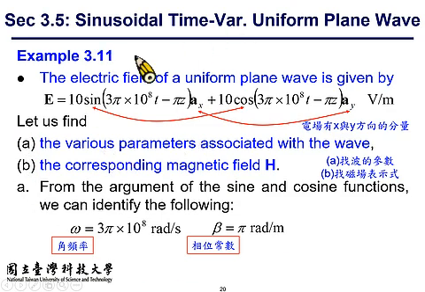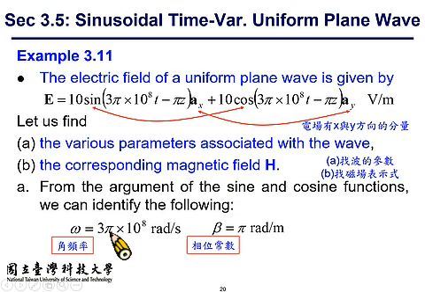That is an example for the electric field. Here is the electric field representation, a little bit more complicated. You see it has two components, X and Y components. Well, that's legal. But you can see the arguments are the same: 3 pi times 10 to the eighth times t minus pi z. So you can identify the parameter omega as 3 pi times 10 to the eighth, and the phase constant beta is pi, as you can see here.